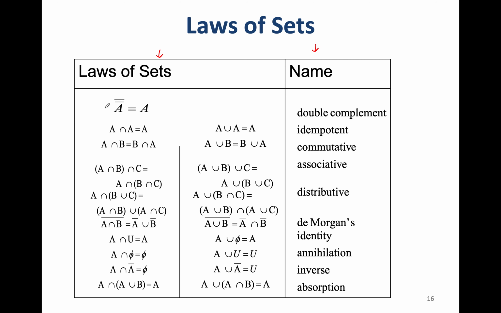For example, the first law: when we have a set with a double complement, the double complement is equal to the set itself, and we call this the double complement law. Let's see this one: A union (B intersect C) equals (A union B) intersect (A union C), and we call this the distributive law.